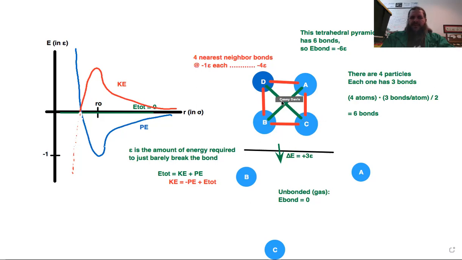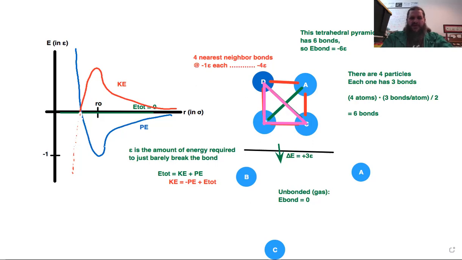Can you figure out the distance from D to C? Yeah, we can use the Pythagorean theorem here. If we take a look at these side lengths, let's say we make a right triangle. Using this right triangle here, we know the side lengths of the edges of the square are going to be R naught.